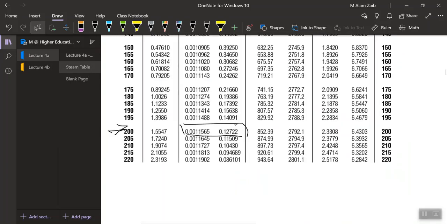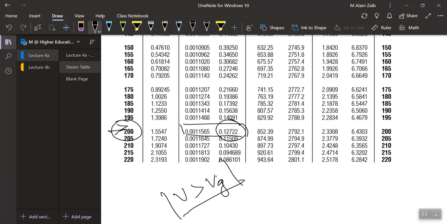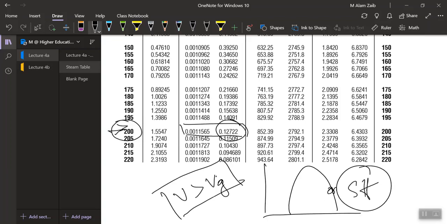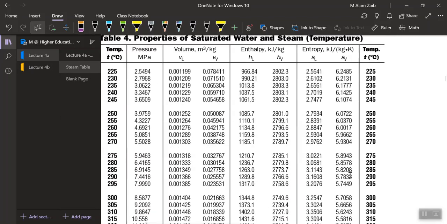So 0.4 cubic meter per kg at a temperature of 200, our volume is greater than Vg. So that means if we are greater than Vg, we are in a superheated region now. So let's check the superheated steam table now.